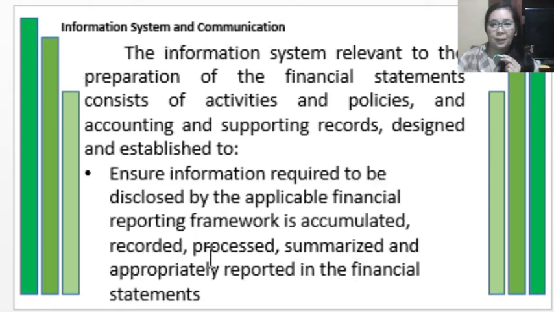Another is to ensure that information required to be disclosed by the applicable financial reporting framework is accumulated, recorded, processed, summarized, and appropriately reported in the FS. This is an important consideration in the IS, especially in the preparation of FS, because disclosure is a requirement by the standard.